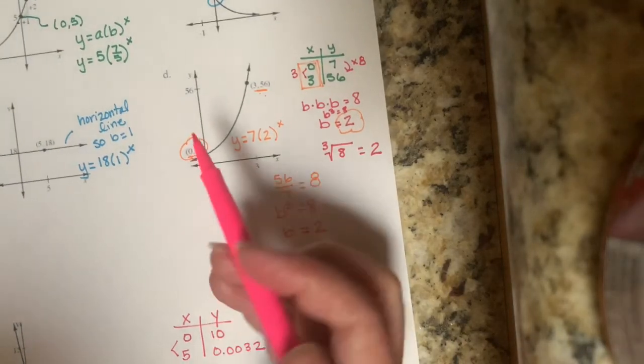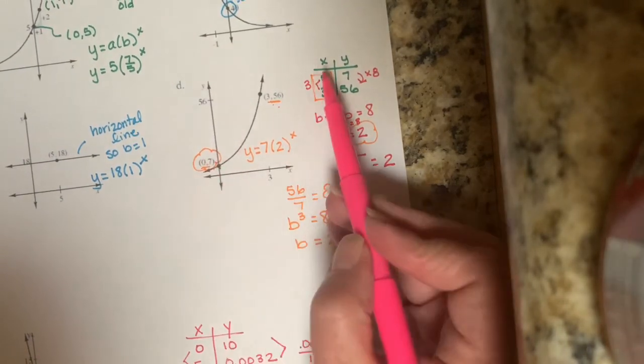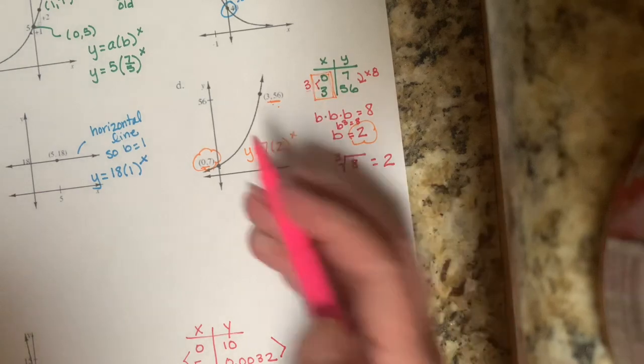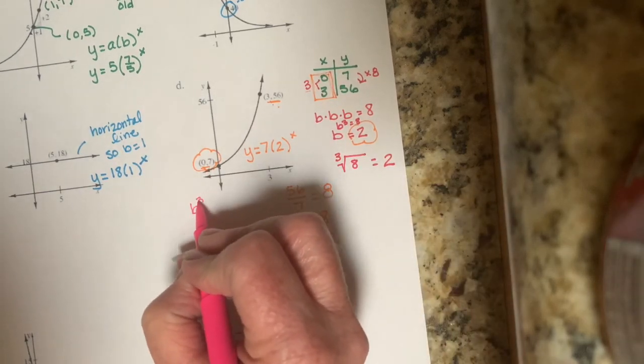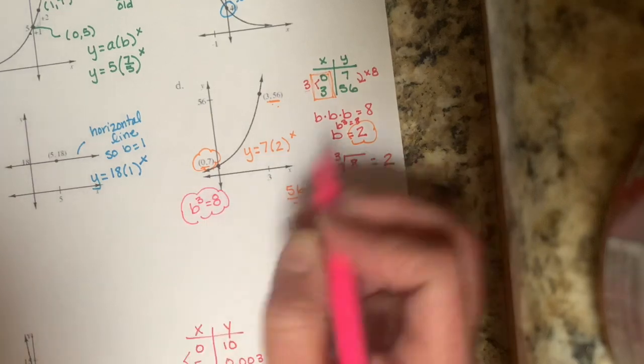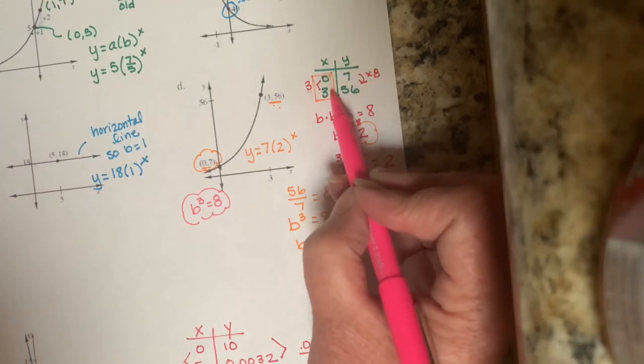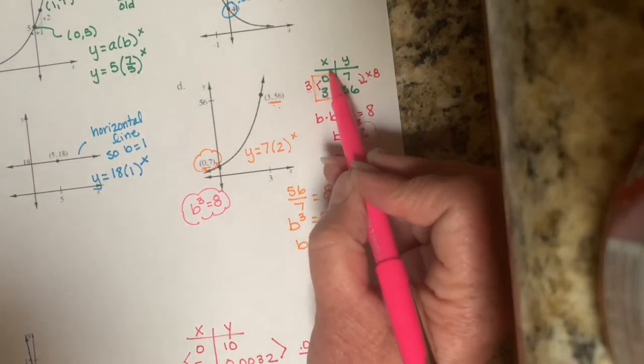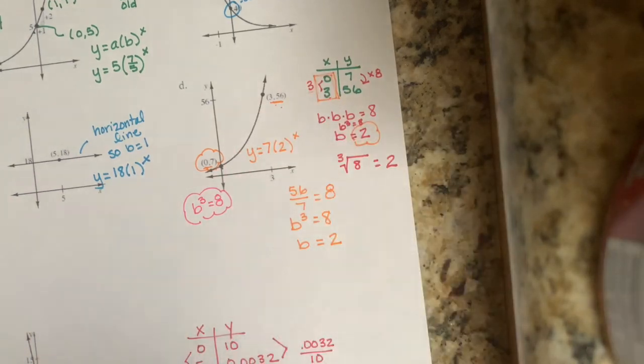When we did question 66D, we went from 0 to 3, so that was 3, so that's why we used b to the 3rd power was equal to 8. It has to do with what is happening. What's that change in your x? That change in your x is telling you how many times you're using that multiplier. Good luck, and let me know if you have any questions.